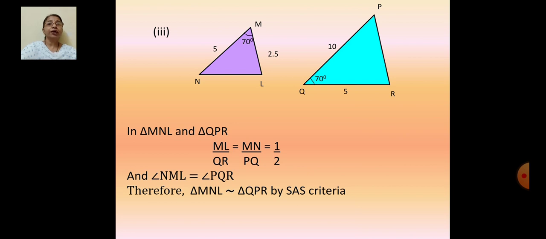So two pairs of corresponding sides are in proportion, and the angle included between them, that is angle M, is equal to angle Q. So two sides and included angle means which criteria? Side angle side. So therefore triangle MNL is similar to triangle QPR, see one-one correspondence, by SAS criteria. Understood?